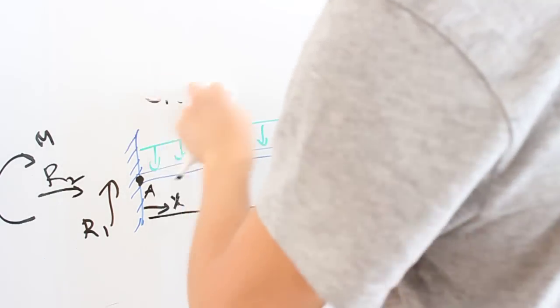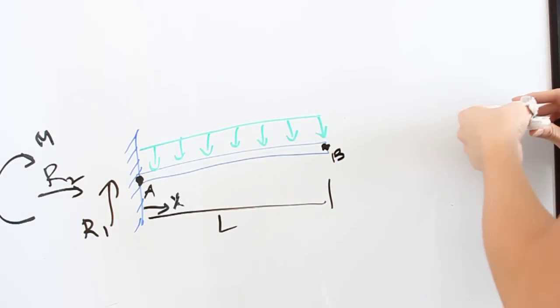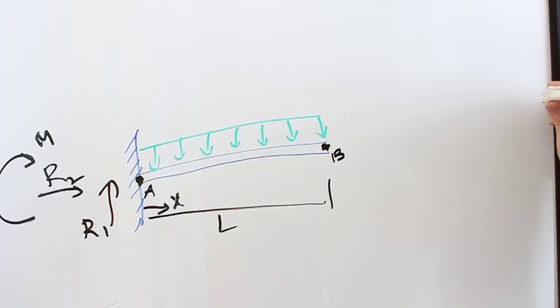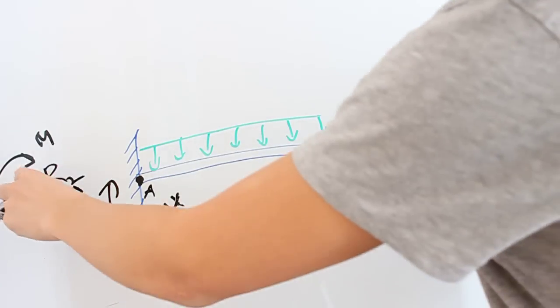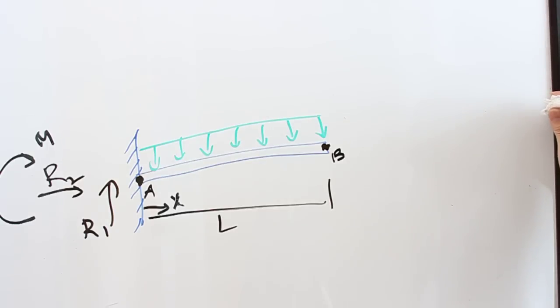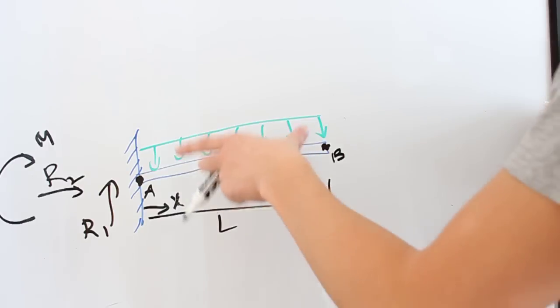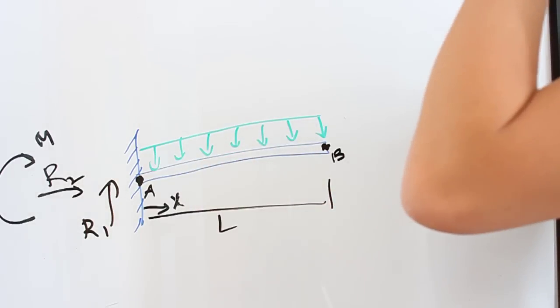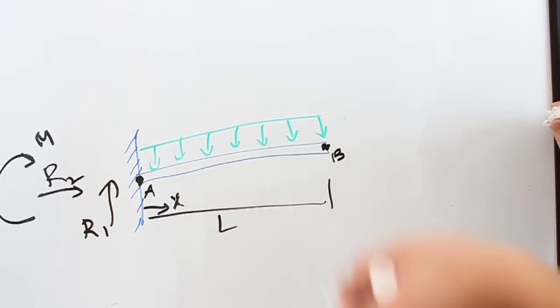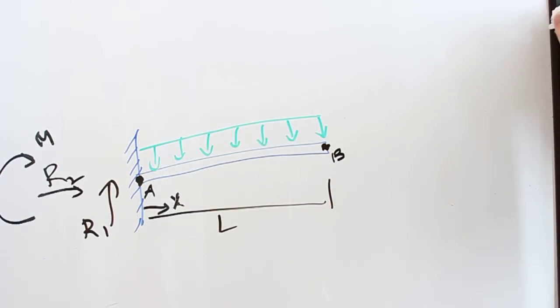So let's first write down Newton's laws, because it's easiest to start with caring about these forces before we look at this moment. Because this is not translating in any direction, we're going to write down equations that show that this doesn't move in the vertical direction, doesn't move in the horizontal direction. If that's true, it's because there are no net forces in that direction.